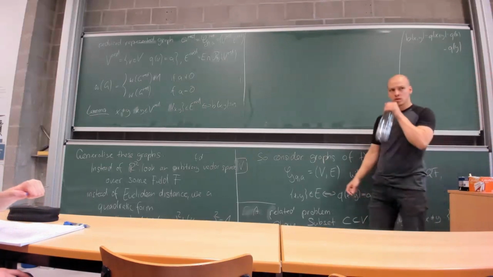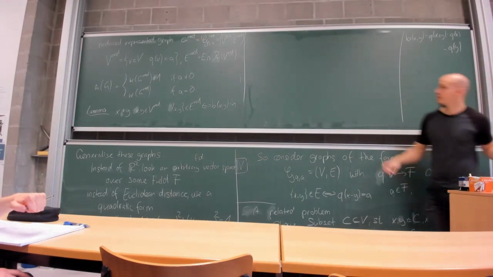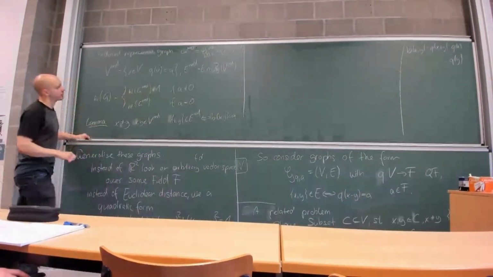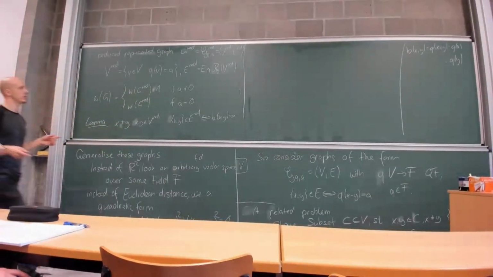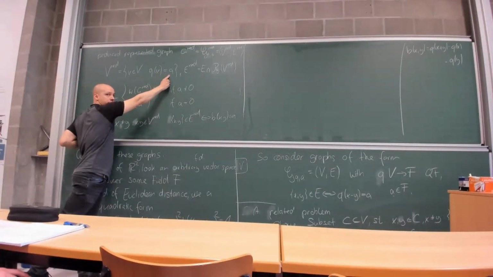What happens when going from V to V red? In which sense is this different? We do not have the whole vector space as vertices, but only those vectors which fulfill this condition.